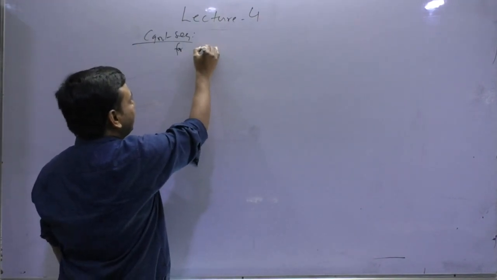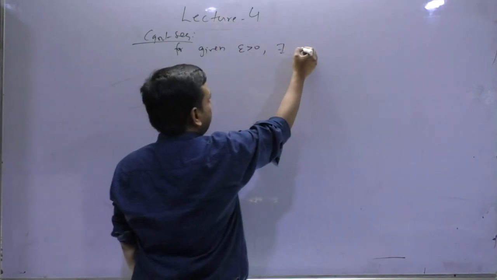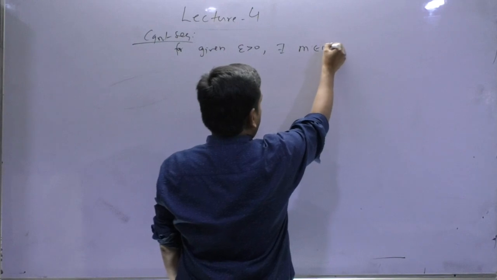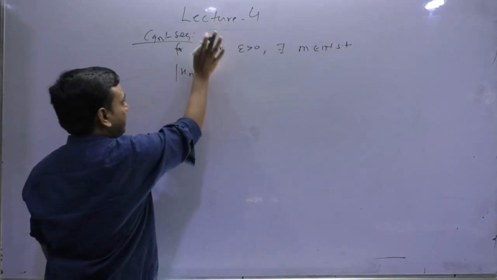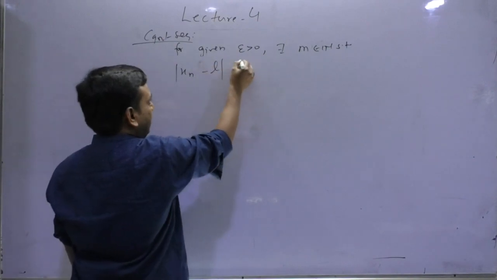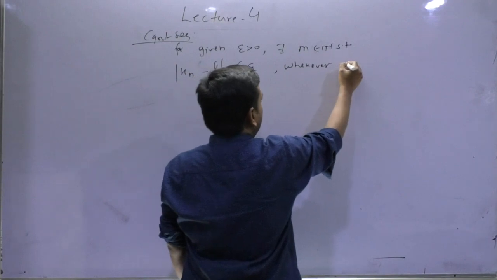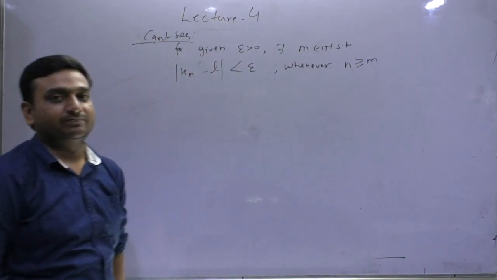For given epsilon greater than 0, there exists m belonging to N such that modulus of xn minus L is less than epsilon whenever n is greater than or equal to m.